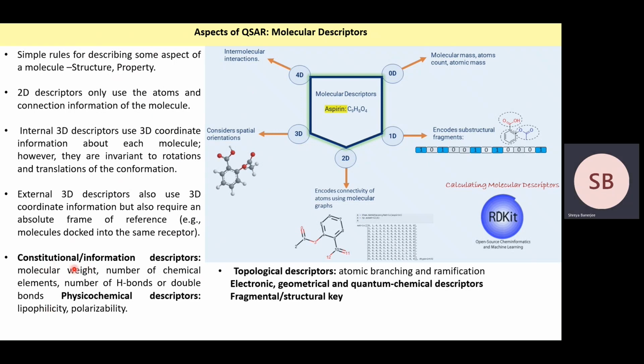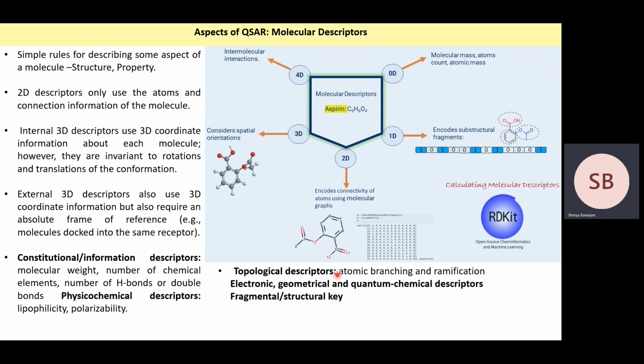There is another way of classifying descriptors. Firstly, constitutional or information descriptors, which include the molecular weight, number of different chemical elements, number of hydrogen bonds or double bonds. Then there are physicochemical descriptors, like lipophilicity, meaning how hydrophobic the molecule is, or polarizability.